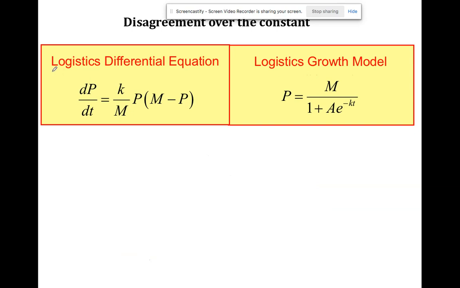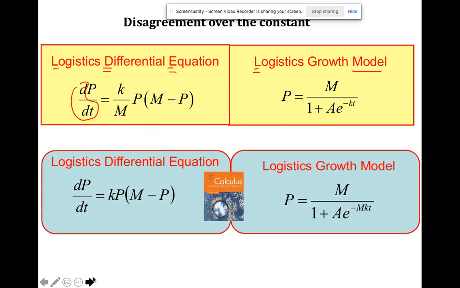So there we go. Logistic differential equation, logistic model. P is by itself, got rid of the derivative. Now, I do want you to know, especially if you look this up, our textbook uses a slightly different model. It kind of wraps up the M here.